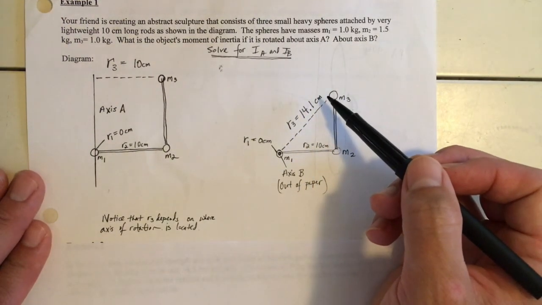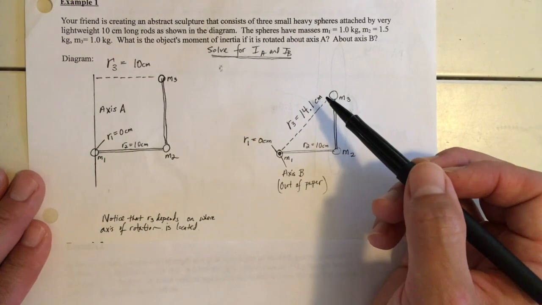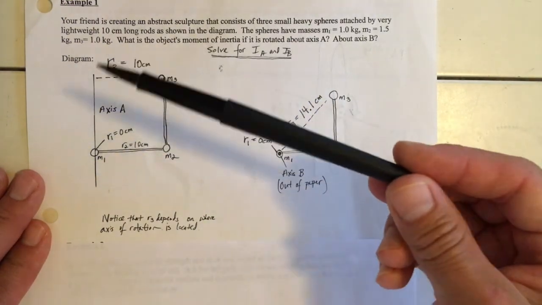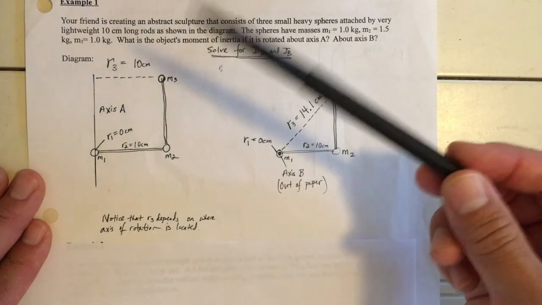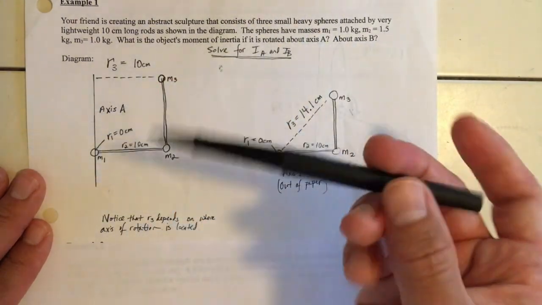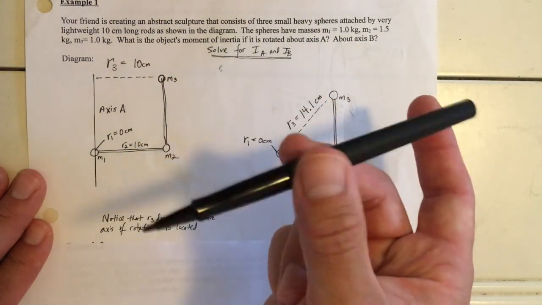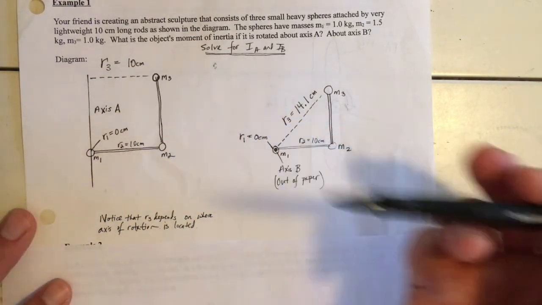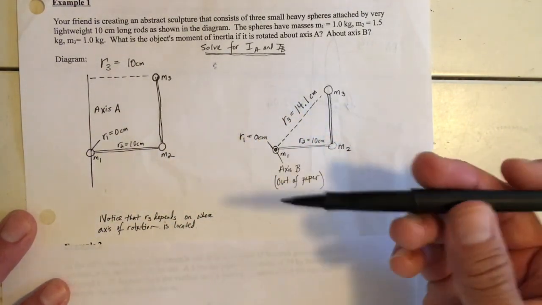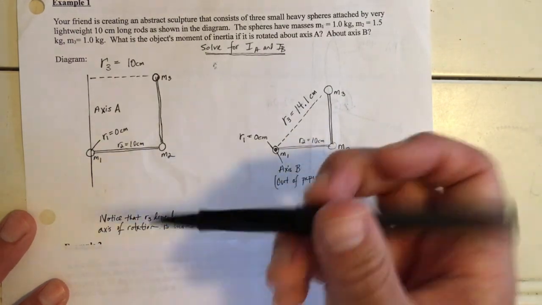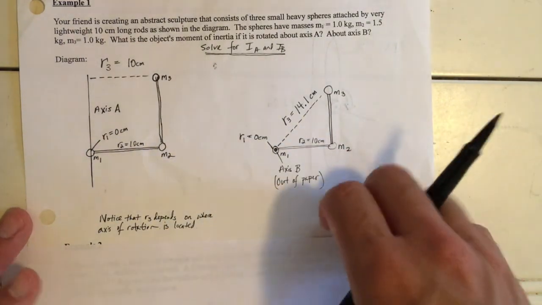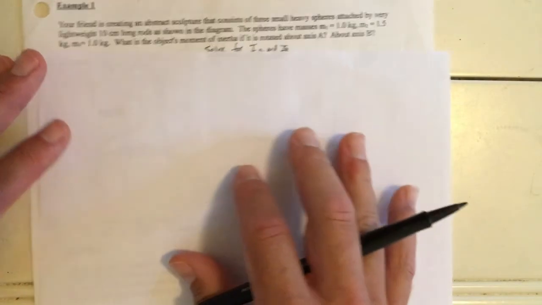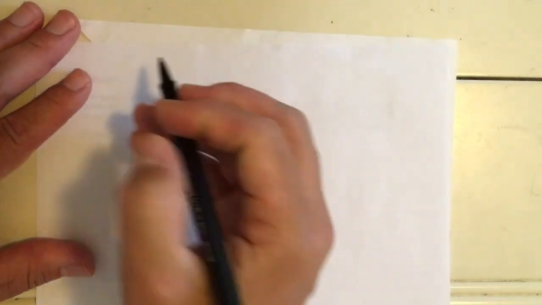So when it's further away, is it easier to rotate or harder? Well, if I hold the pen like this and I rotate out at the end, it's harder for me to rotate like this. And if I hold the pen right here, it's easier for me to rotate when the mass is closer. So by having mass further out, I'm expecting it to be harder to rotate. And if it's harder to rotate, then the angular acceleration should be less.